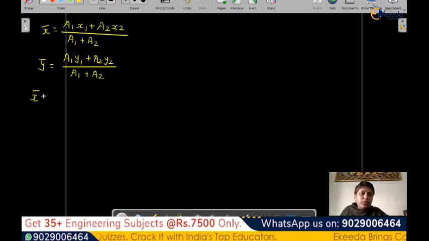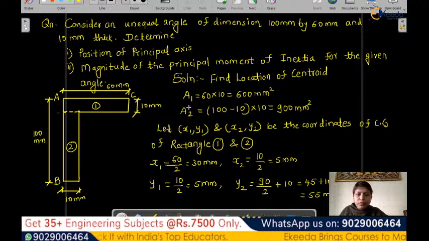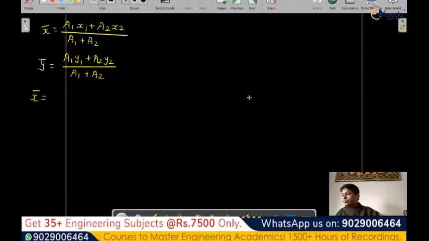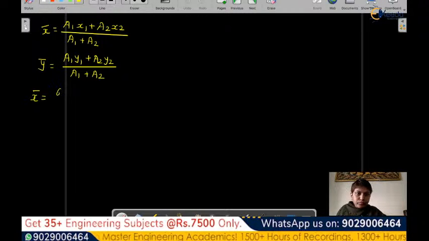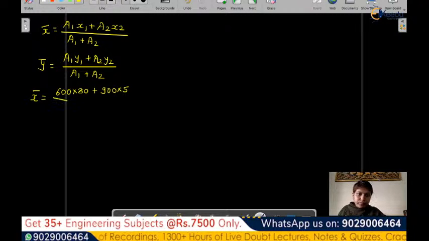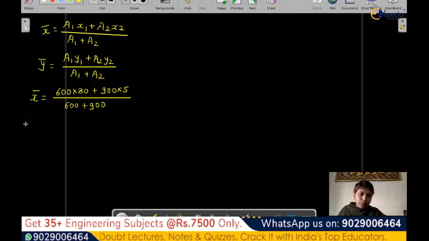So it's simply x bar is equal to, a1 is 600, x1 is 30. 600 into 30 plus 900 into 5, divide by a1 plus a2.